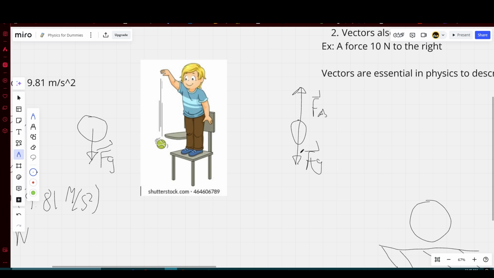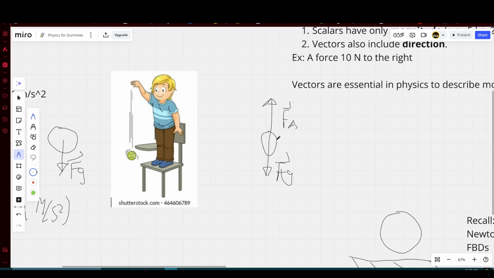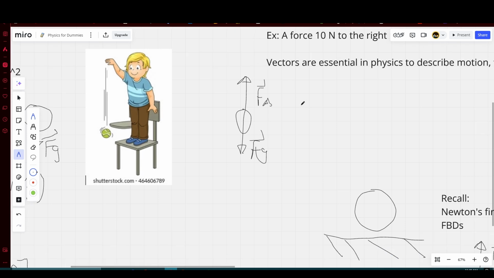It makes sense to make the up direction positive in this case because it's accelerating upwards. It doesn't make sense to make the force of gravity positive because the ball is not accelerating downwards, it's accelerating upwards, it's going up. So that's why you would say up is positive, and then you would write sigma F equals ma.